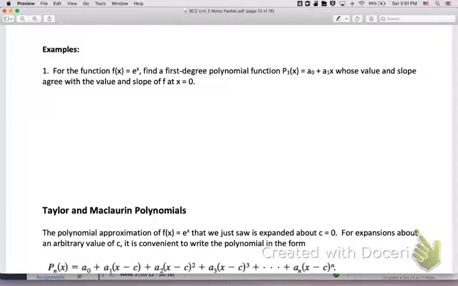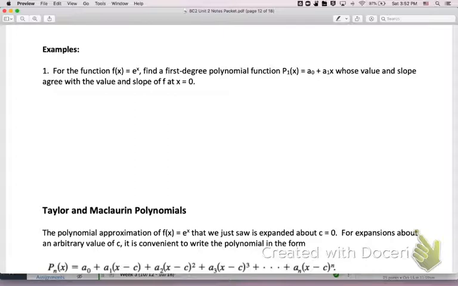In this example, we want to take the function f of x equals e to the x and find a first-degree polynomial function, p1 of x. We're calling it p1 because we're making a first-degree polynomial. We want it in the form of a sub 0 plus a sub 1 x, whose value and slope agree with the value and slope of f at x equals 0. So the first thing that we need based on these requirements is we need for f of 0 to equal p1 of 0.